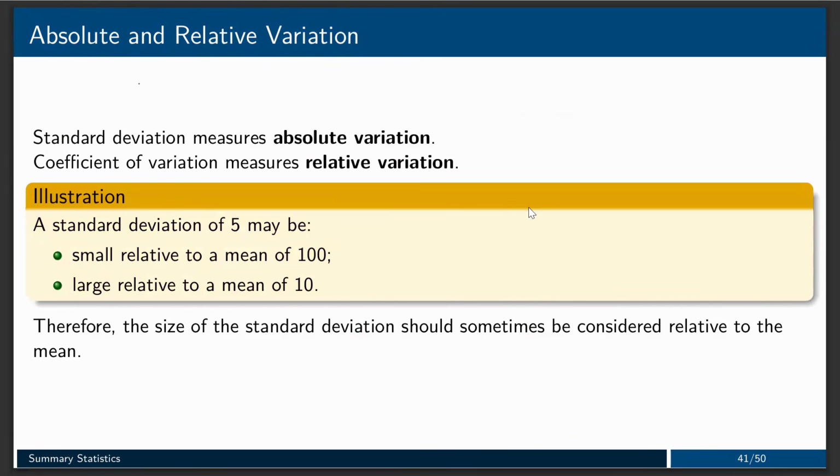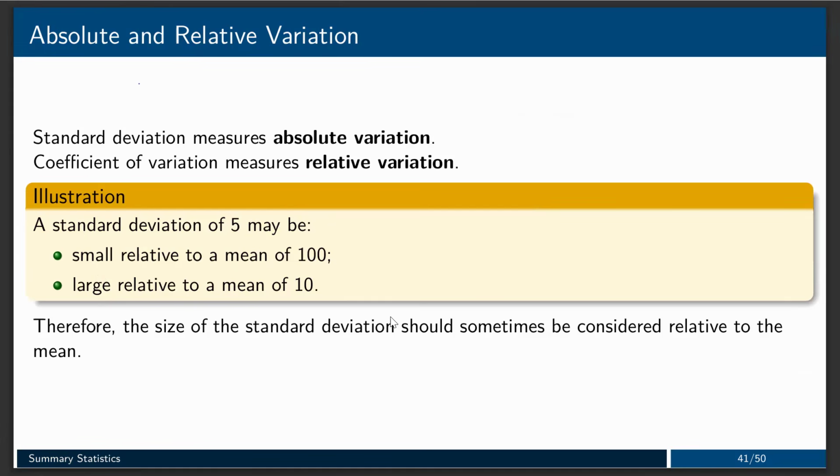So the standard deviation measures the absolute variation. It gives you the variation in a particular data set. But the coefficient of variation measures the relative variation. That is, it gives you the variation in one data set as compared to another data set. So a standard deviation of 5 may be small relative to a mean of 100, but big relative to a mean of 10.